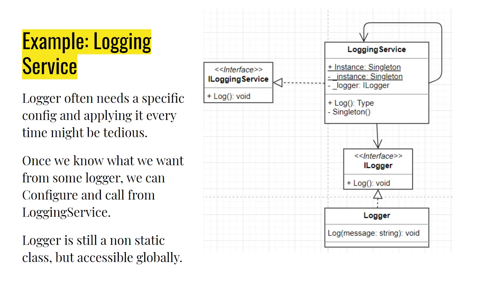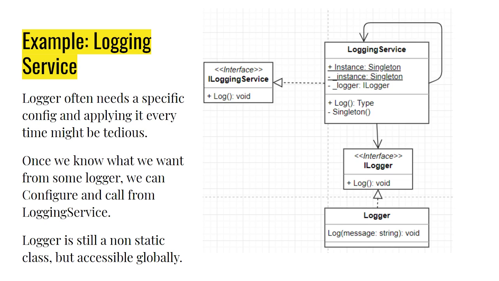So logging service, here we have a static logger. The whole thing why this is interesting and useful is because I am able to inject a logger when creating a logging service. And I can also mock logging service away with all the dependencies that it has.